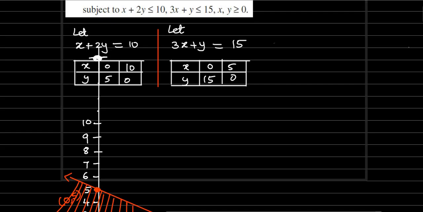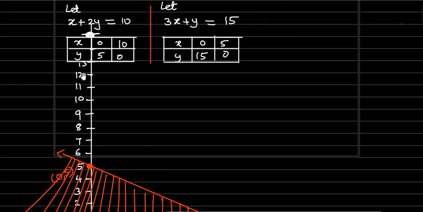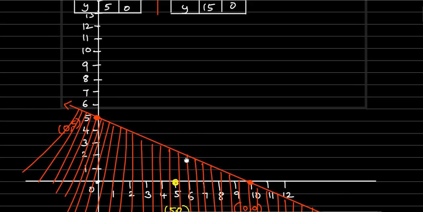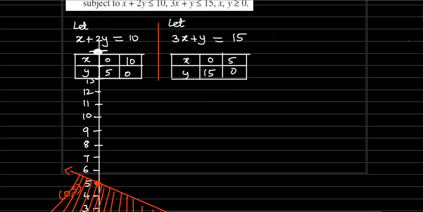Just remember the graph is continuing: 11, 12, 13, somewhere 14 and 15. So 0 comma 15 and 5 comma 0. This point is 5 comma 0, and there we have 0 comma 15. I'll just write it here: 0 comma 15.